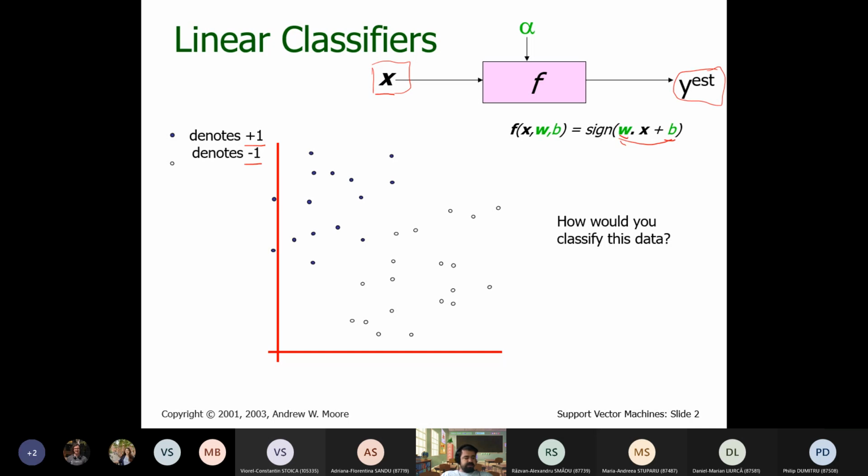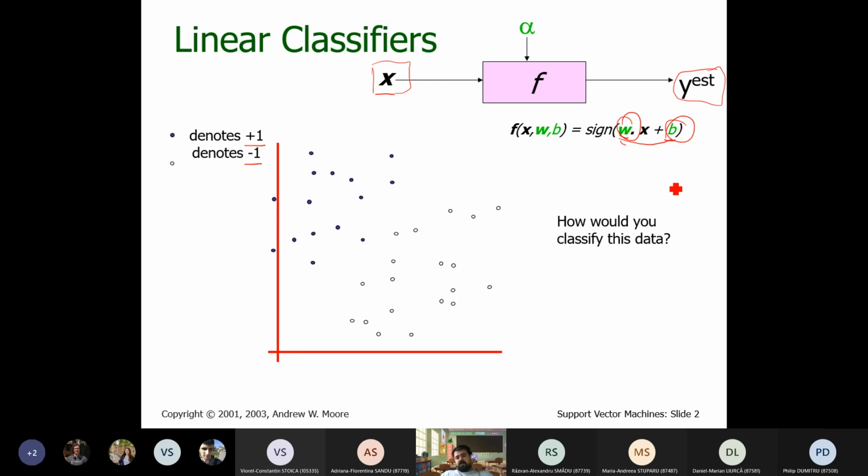If you remember, when we talked about perceptron, I told you that SVM is nothing but a smarter perceptron, and therefore we will be using the same notation, +1 and -1, and we'll go through the steps that help us identify the values of W and b based on the data that we have for training.